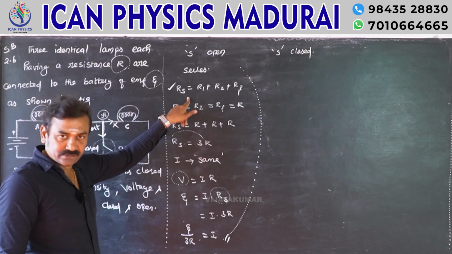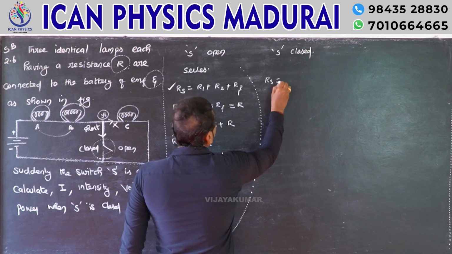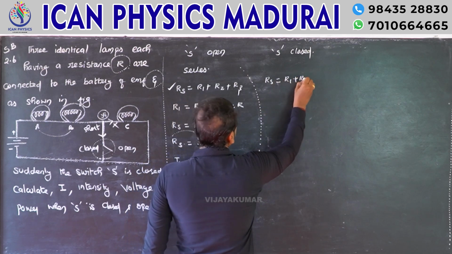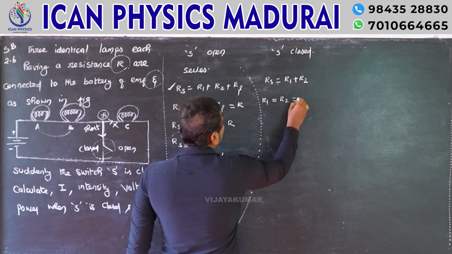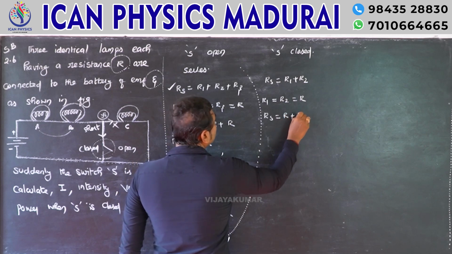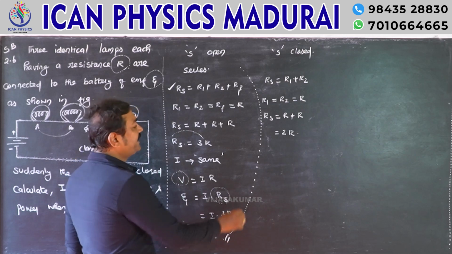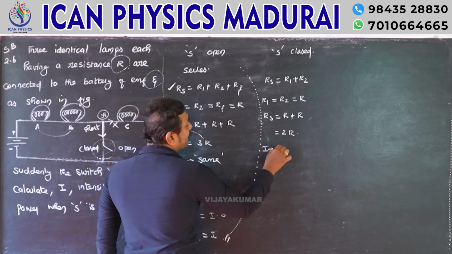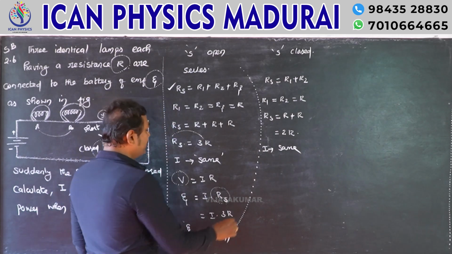So Rs equal to R1 plus R2. Then R1 equal to R2 equal to R, so Rs equal to R plus R, which becomes 2R. When it is connected in series, the current will be the same.